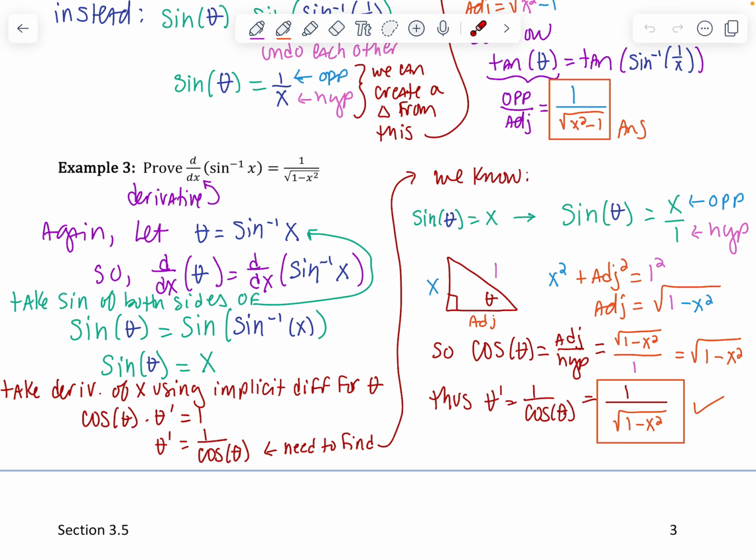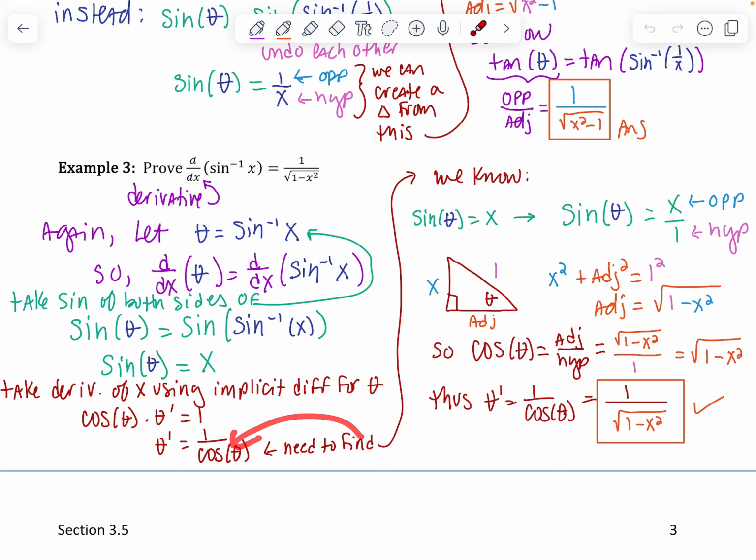So I've got this. I'm going to divide both sides by the cosine of theta, which cancels it on the left, and makes it in the denominator. So the derivative of theta, which is the thing I want, which is equal to my answer, is 1 over the cosine of theta. But we have to go back to what we just did a moment ago.